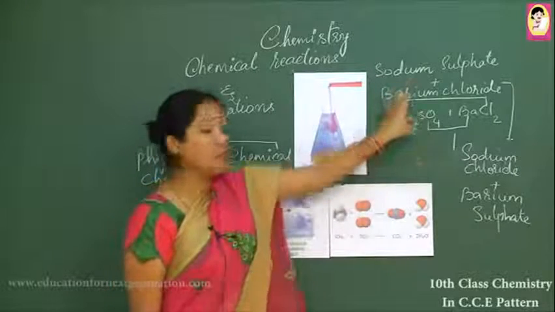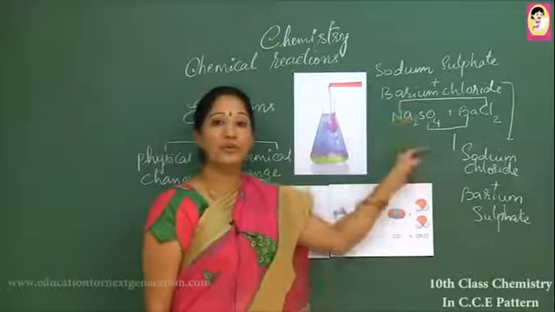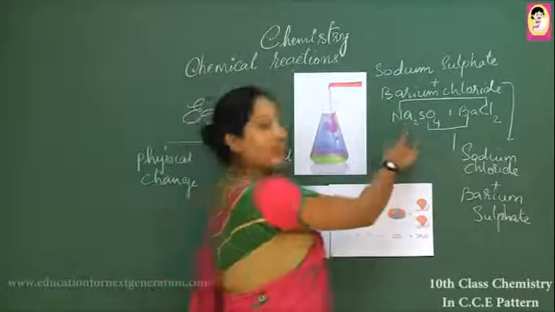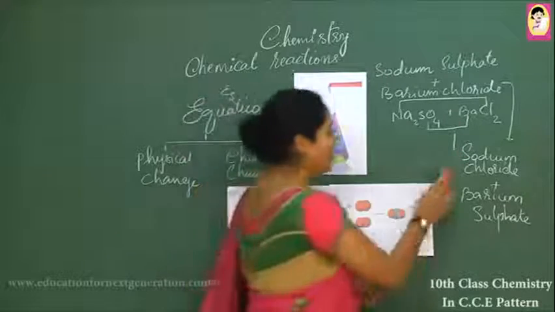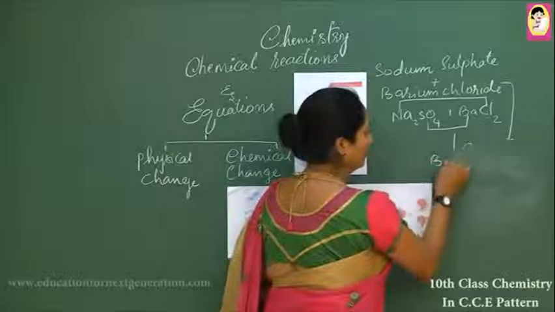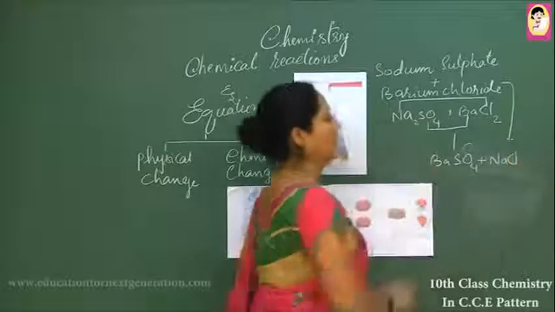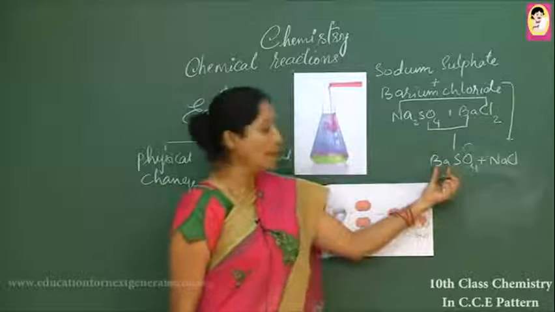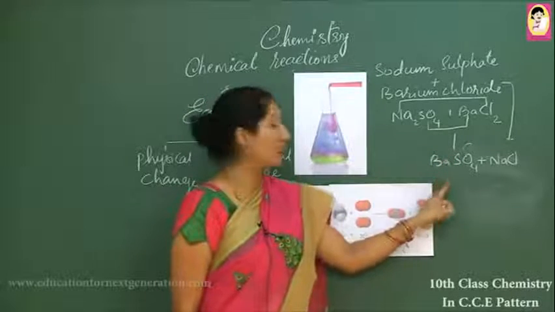That is why, to give you clear information, these reactions have to be written as mathematical expressions. Like I have written over here, sodium sulfate reacts with barium chloride to give rise to barium sulfate plus sodium chloride. Now see here, from this equation it is clear that there is one atom of barium, because nothing is there nearby the barium.